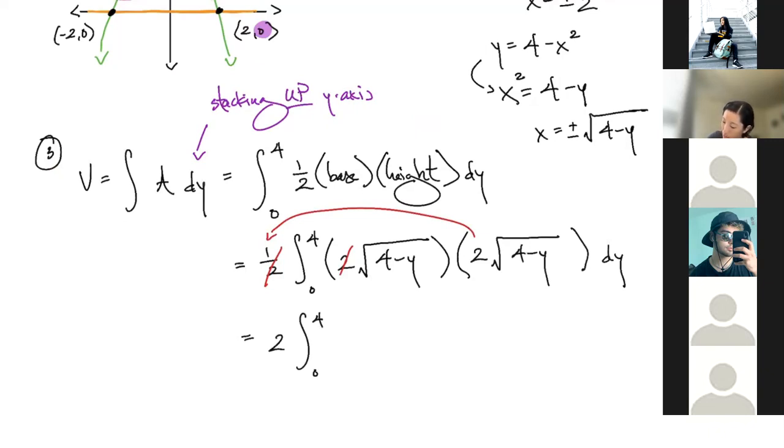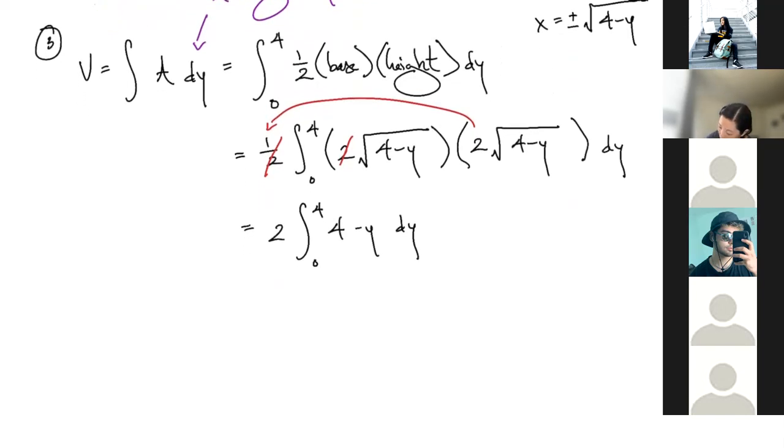What happens when I take square root of 4 minus y times square root of 4 minus y? What do I get when I multiply those two square roots? 4 minus y, there you go. So this whole problem really boiled down to this. And that I trust you to calculate. You will end up with 16.